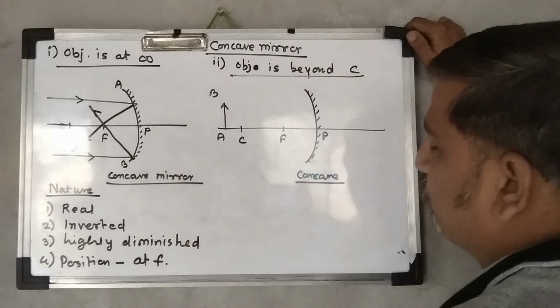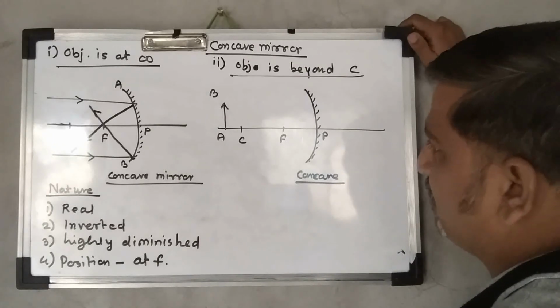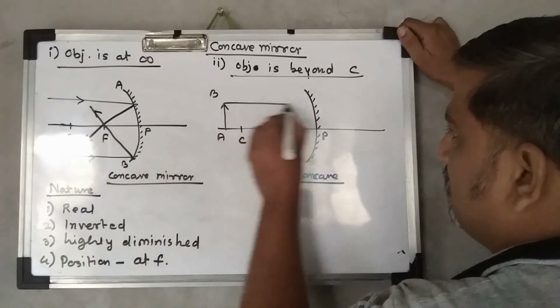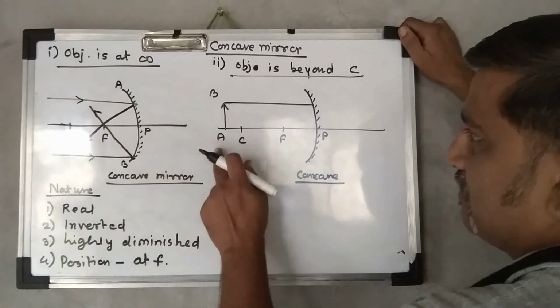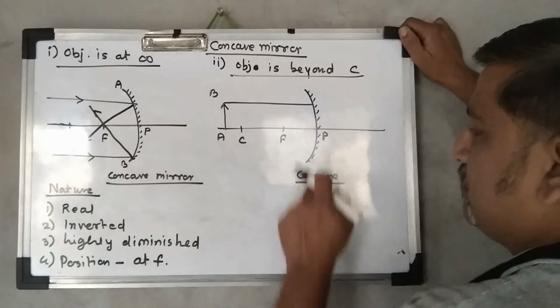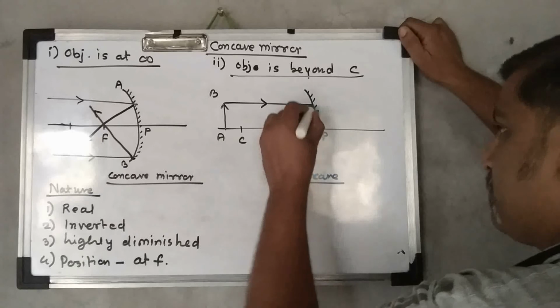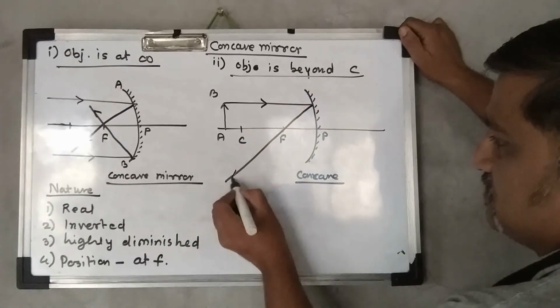As per the rules, at least two incident rays we require to get the image. So assume that one of the rays from this object enters the concave mirror parallel to the principal axis and after reflection passes through the focus.